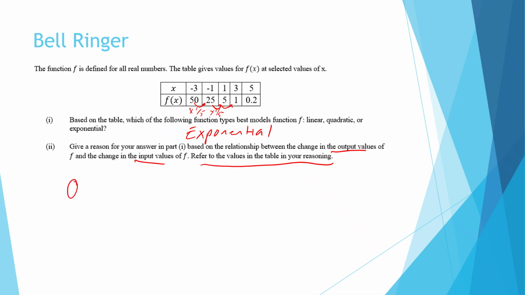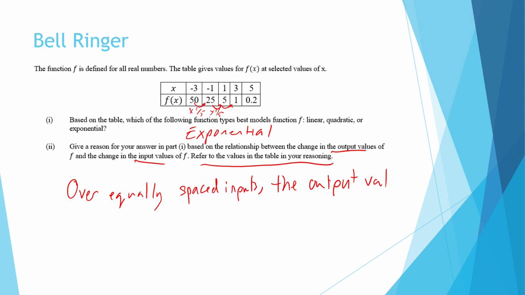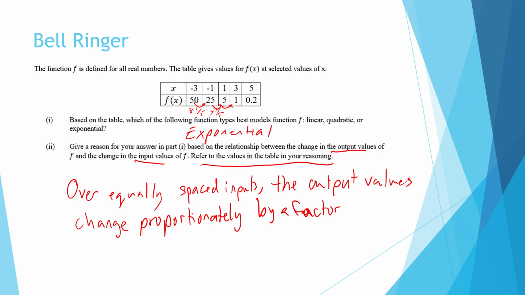And we can see that pattern continues for all of those. And so I would say for my answer, over equally spaced inputs, and then I want to talk about the outputs. So for an exponential function, the output values change proportionately by a factor of, and then this should be 1/5.